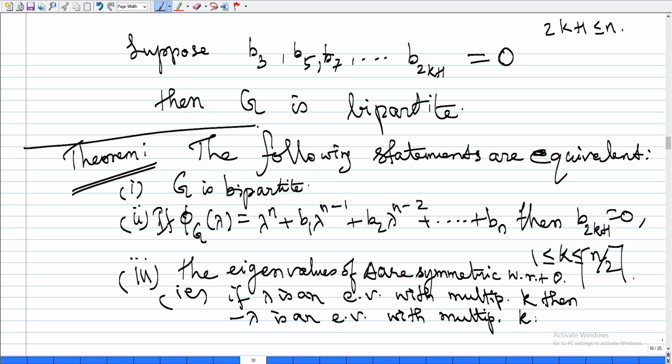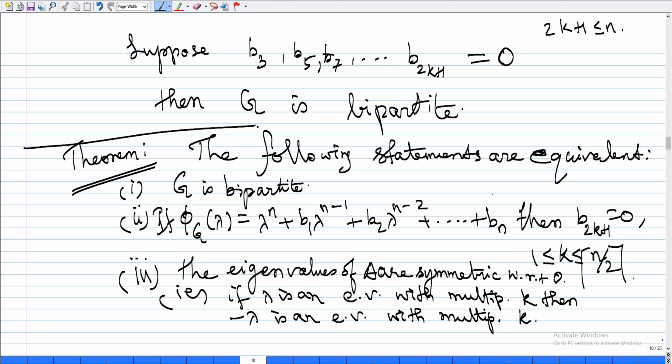Bipartite. This is for bipartite. Maybe other graphs that are not bipartite may also satisfy this, but they may be very special cases. Oh wait, no, it is an equivalent statement I am talking about, I am sorry. If G is bipartite, then the statement is true. If the statement is true, then G has to be bipartite.